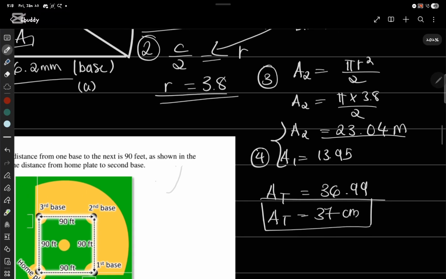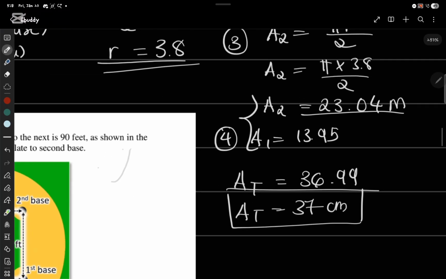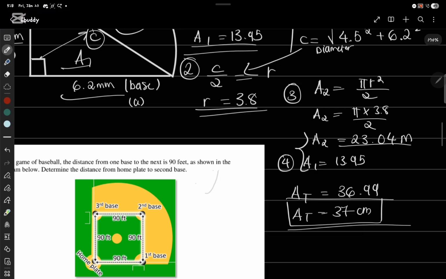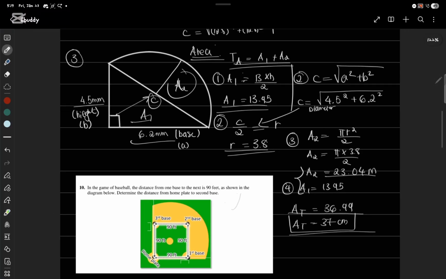So you always round at the end, okay? I want you guys to not round the calculations in the middle here. Use the exact answer. Only round it at the final step. All right. So that is an overview of this question here.